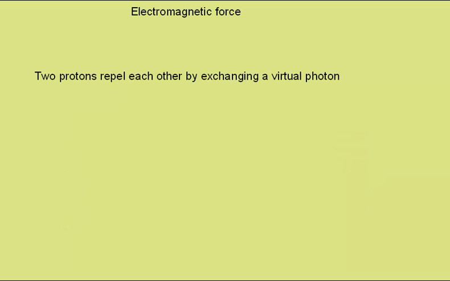Now to look at how this occurs with the electromagnetic force, involving two protons repelling each other by exchanging a virtual photon. Here we have the two protons. They're moving towards each other, exchange a virtual photon, and repel each other.